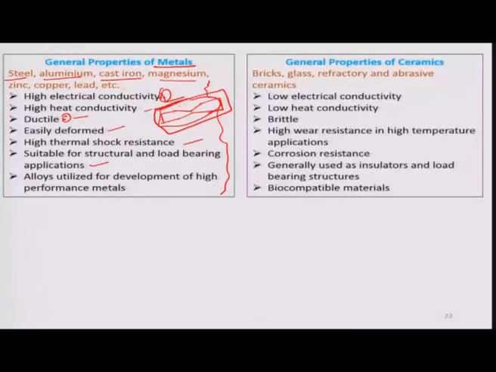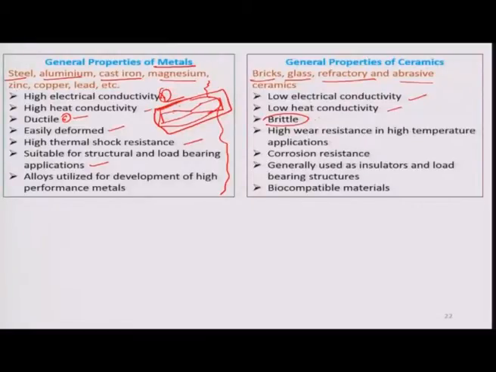Second, properties of ceramics. The common ceramics available are bricks, glass, refractory and abrasive ceramics, and these materials have several properties: low electrical conductivity, low heat conductivity, brittle in nature.